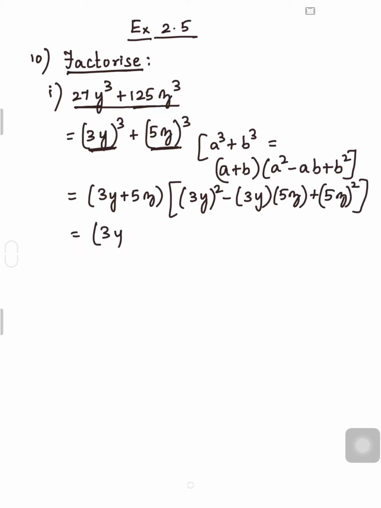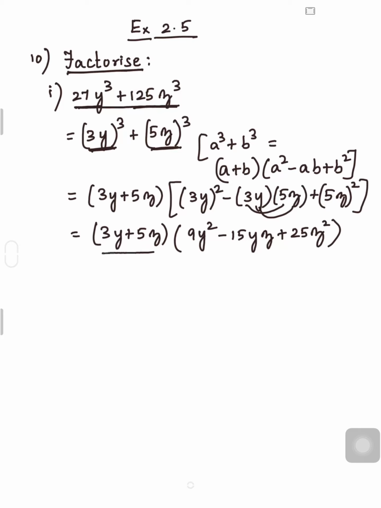So it is (3y plus 5z) into, what is (3y) whole square? 9. 3 squared is 9, y square, minus 3 5s are 15, y into z is yz, plus 5 squared is 25 z square. So we have written 27y cube plus 125z cube as a product of two factors. So this is what is factorization.